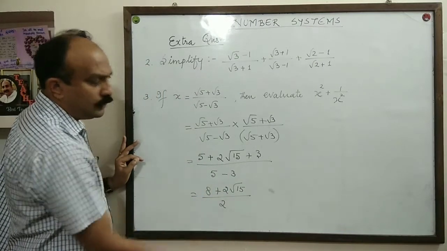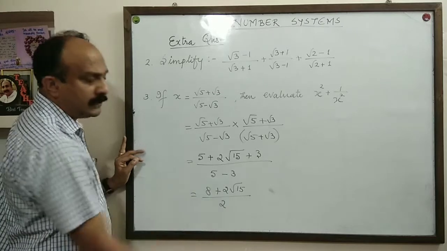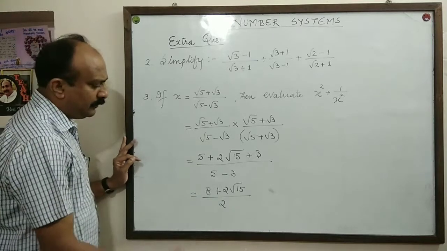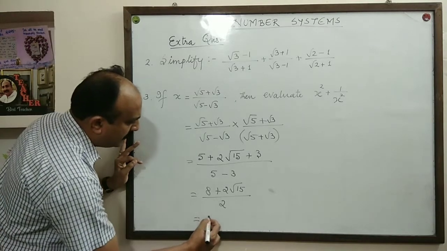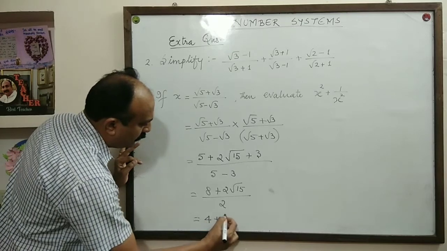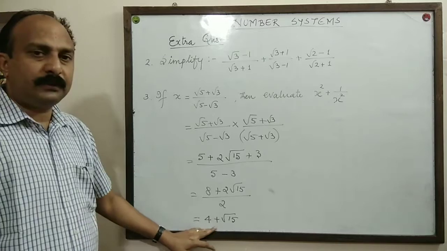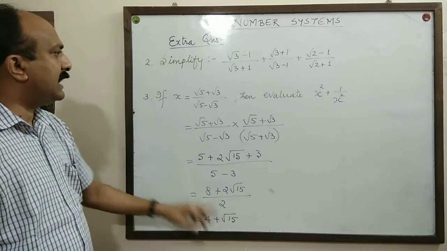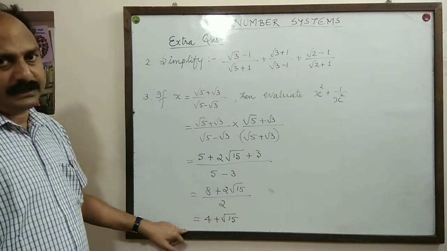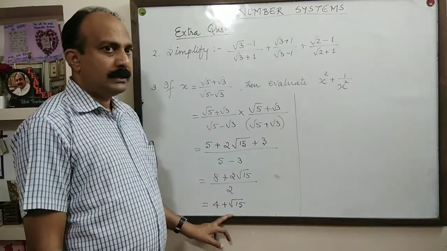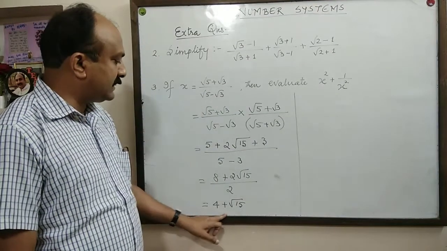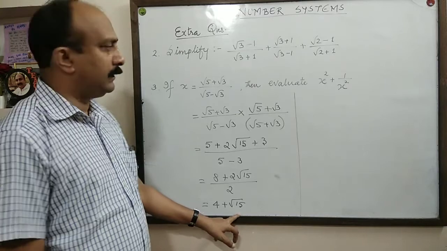Now taking 2 common from the numerator and cancelling with the denominator, it will become 4 plus root 15. So this is the actual value of x.